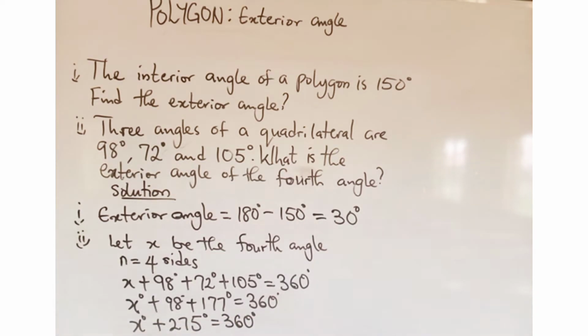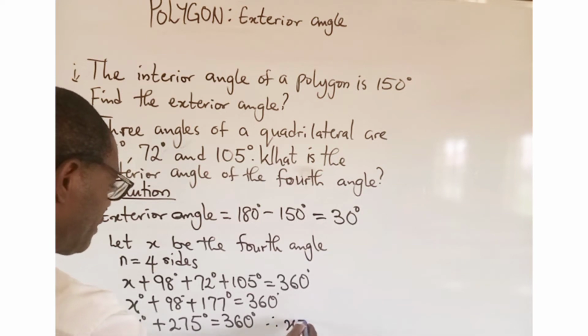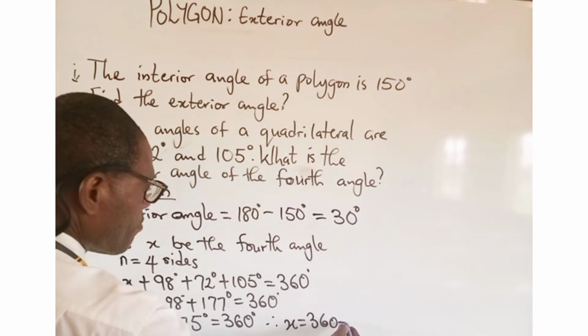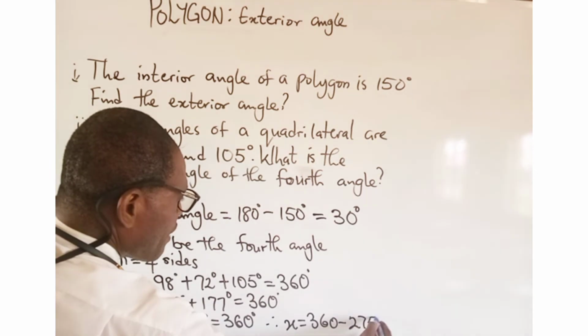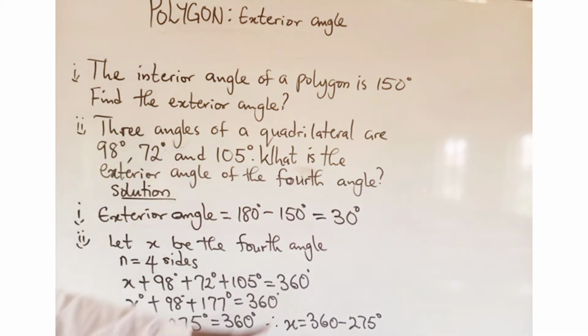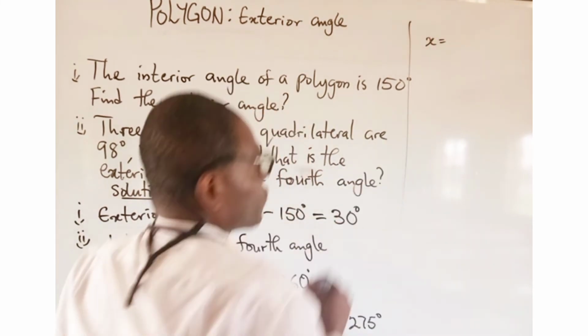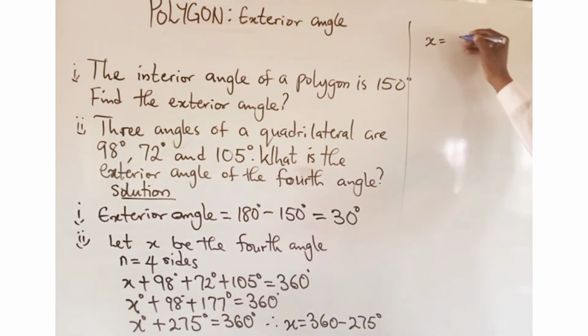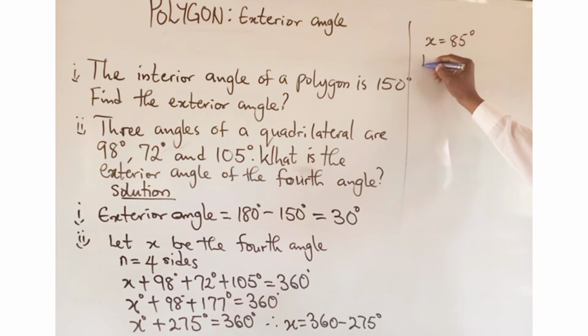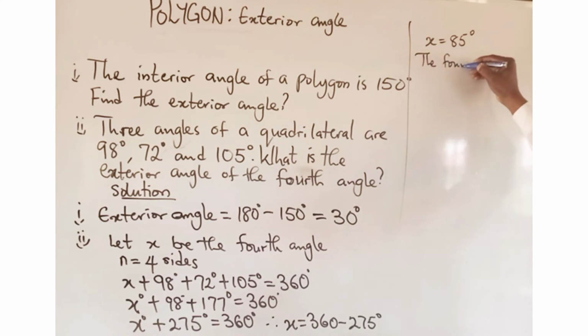Therefore x is equal to 360 degrees minus 275 degrees, and that will give us x equals 85 degrees. Now, this is the fourth angle. The fourth angle is equal to 85 degrees.